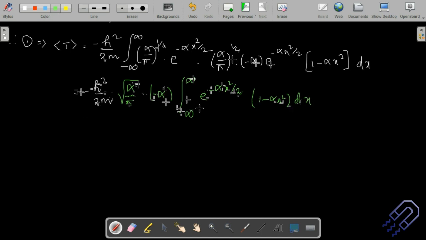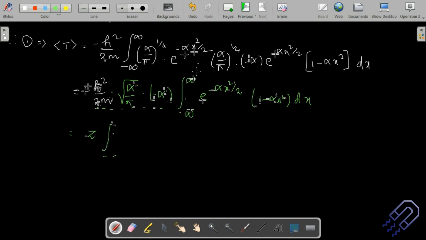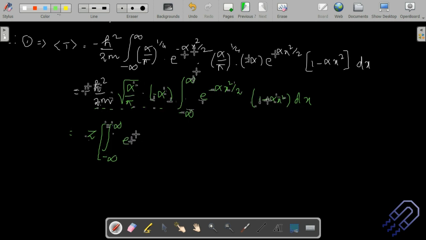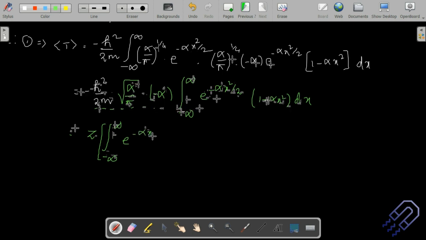Okay. This entire term, let's take it as Z now, so that we don't have to write this again and again. So let's say this is Z constant, integration from minus infinity to plus infinity. This is this into this, so I will just take it to be e to the power minus alpha x square.